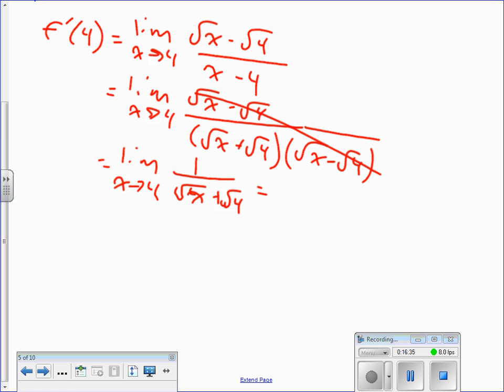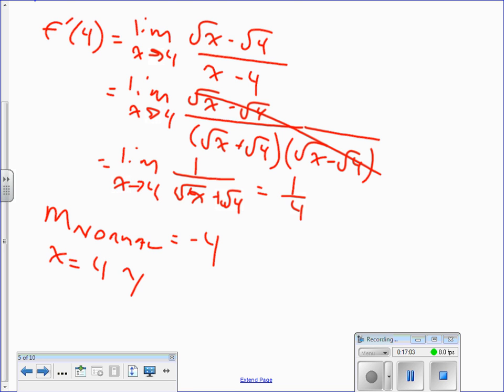Normally it doesn't work out that way, but it does with this particular one. So it's 1/4. So the slope of my tangent line is 1/4. The slope of my normal line is -4. My x is 4.